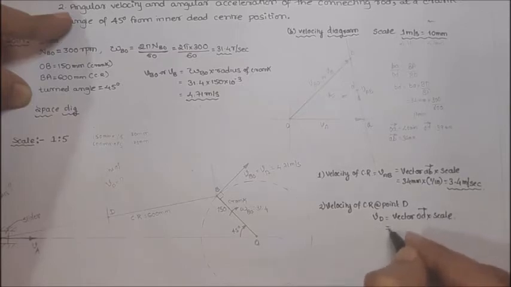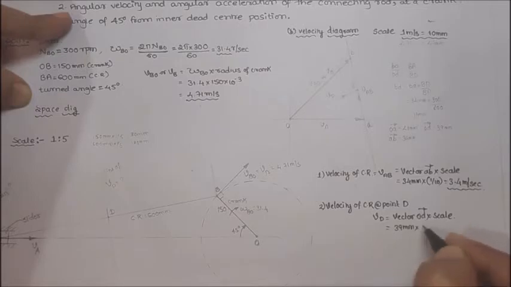Vector OD value already got, so that is 39 mm into 1 by 10, it is 3.9 meter per second.